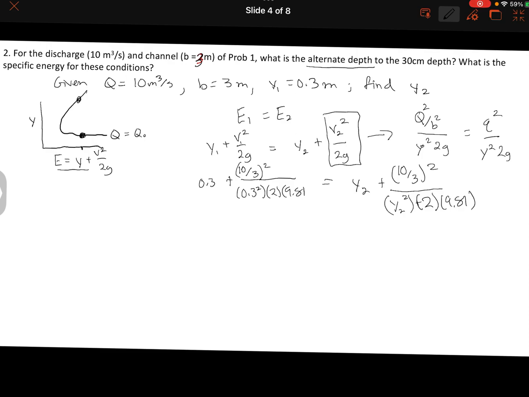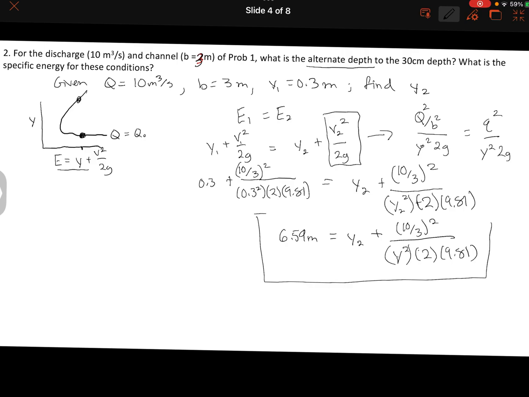And we end up in a situation where we have an objective function. So this all here simplifies to 6.59 meters is going to be equal to y2 plus (10 over 3) squared divided by y2 squared times 2 times 9.81. So this is your objective function.